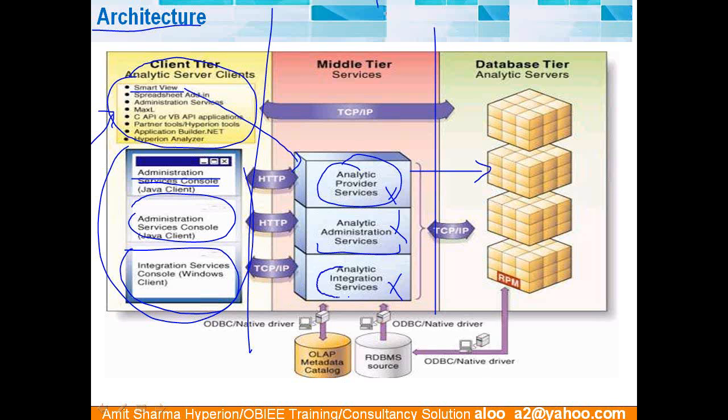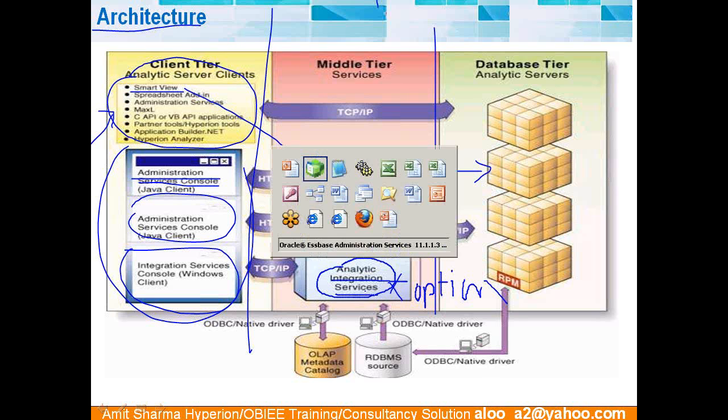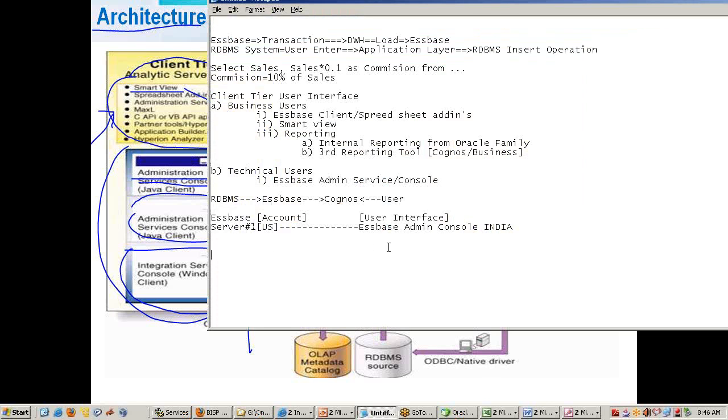And there is an additional component called Essbase Integration Services. This is an optional component. Integration Services is an optional tool in itself. It allows you to integrate Essbase with an RDBMS.